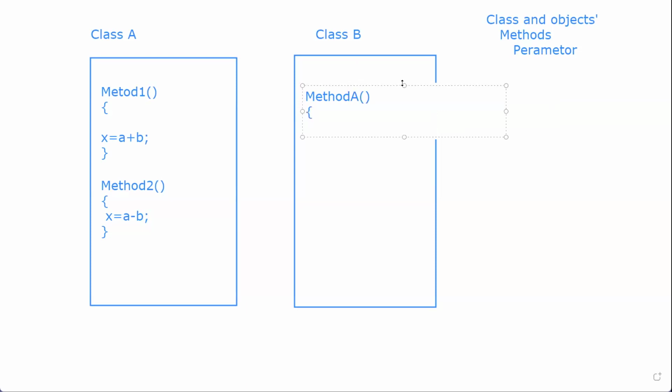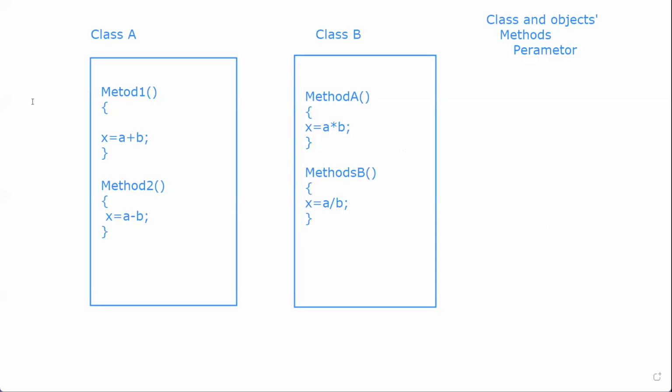Here I'm trying to find out multiplication. Let me put another method here, division by p. Like this, we have methods.